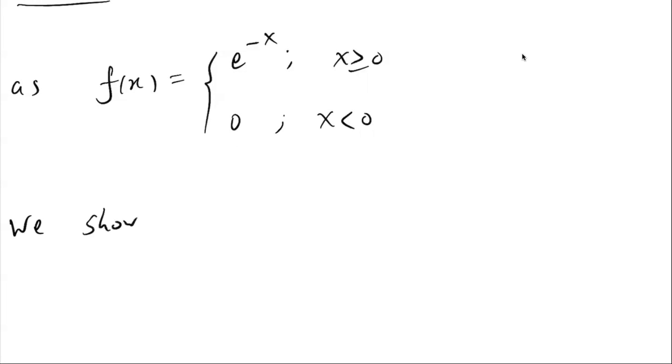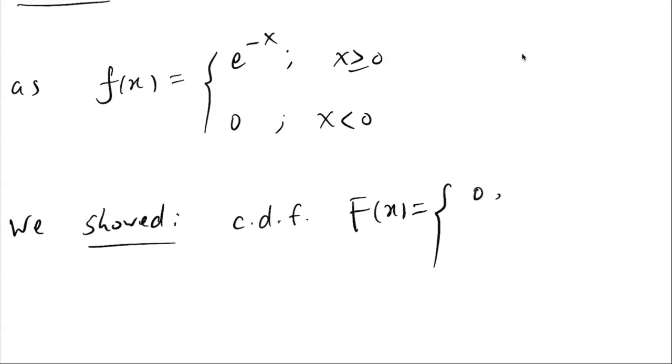And we showed that the CDF, capital F of x, was 0 for x less than 0 and 1 minus e to power minus x for x bigger than or equal to 0.